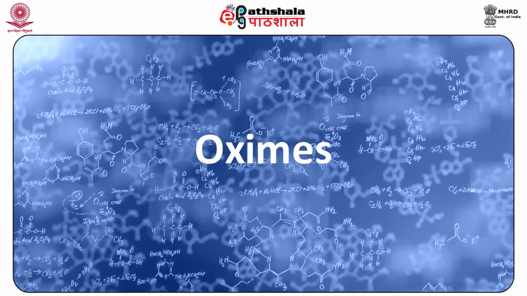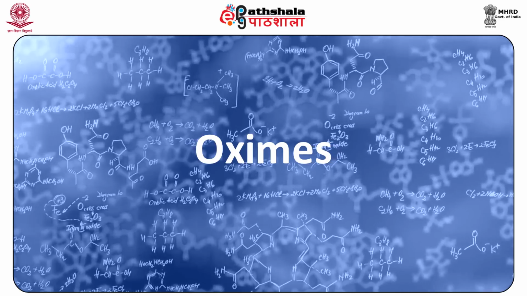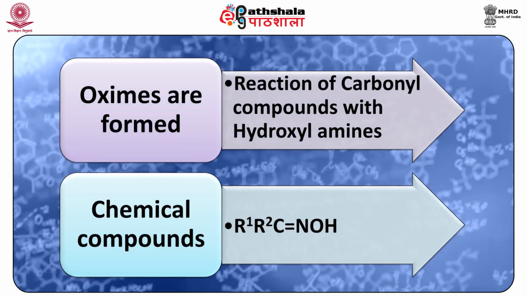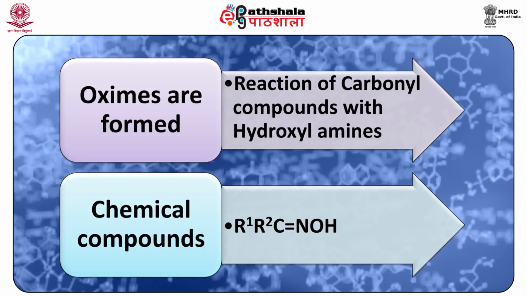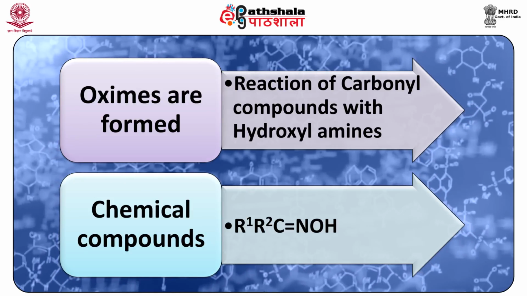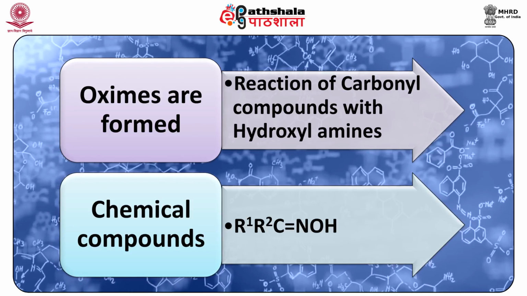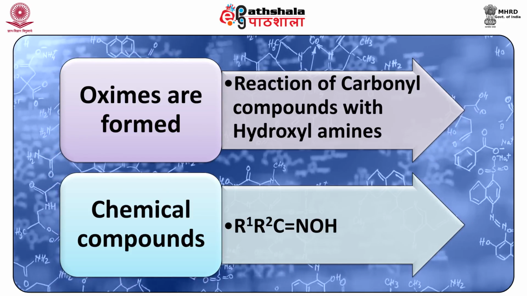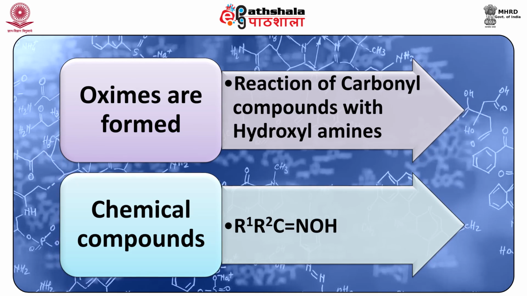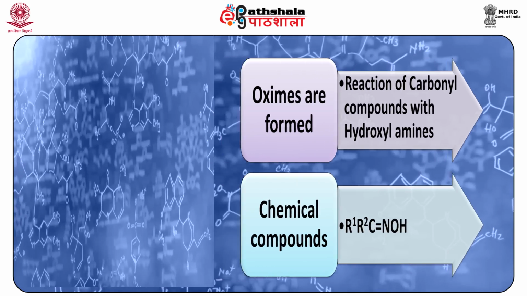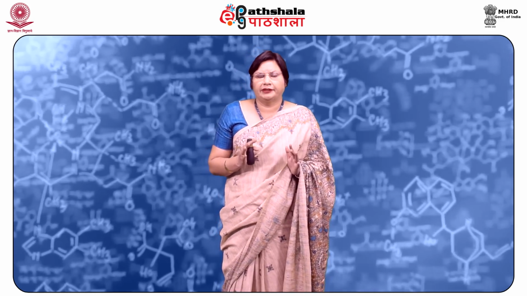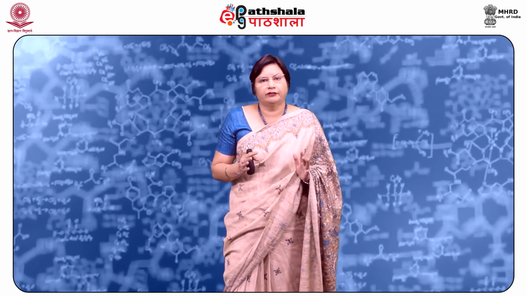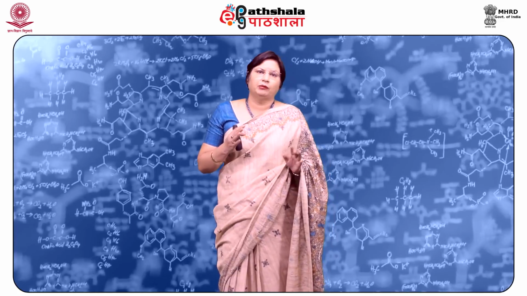After studying this, let us now understand the stereochemistry in oximes. The oximes are formed by the reaction of carbonyl compounds with hydroxylamine, as you are already aware, and they are chemical compounds with the general formula R1 R2 C double bond N-OH, and obviously nitrogen will have a lone pair on it.